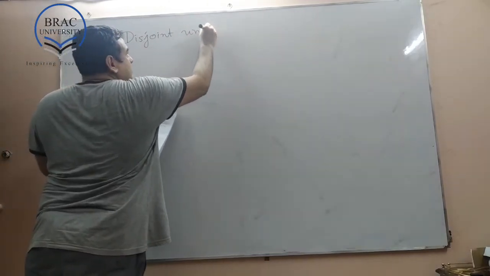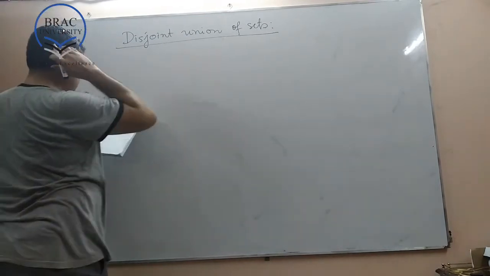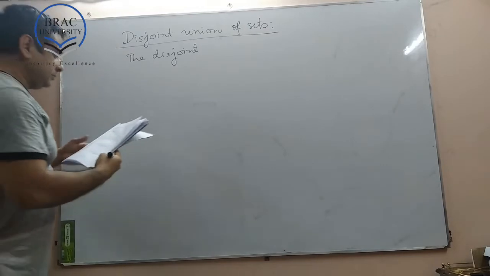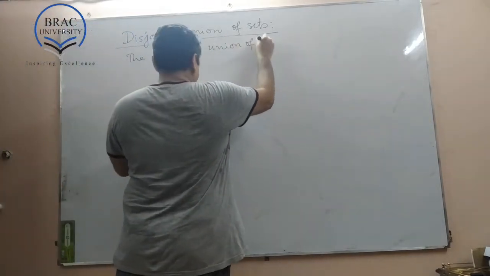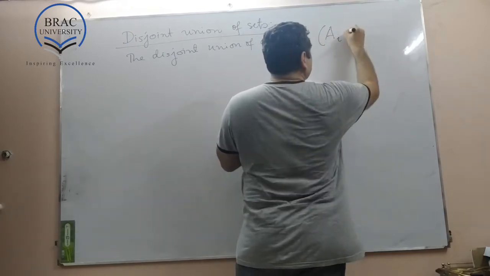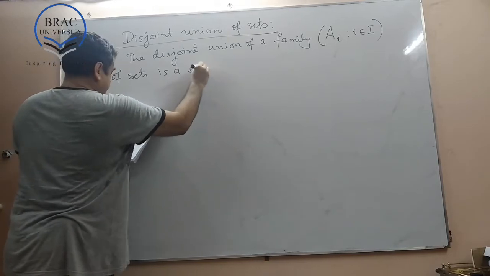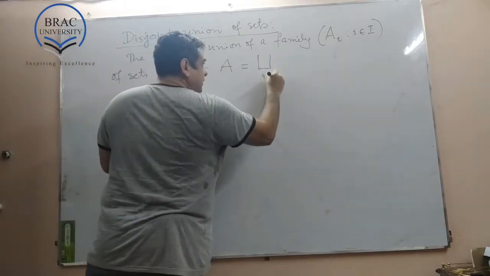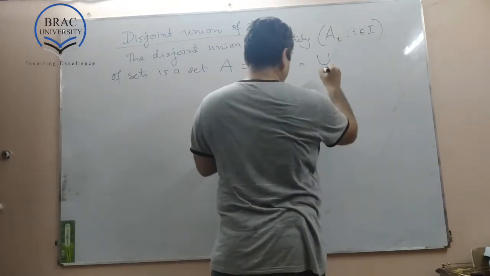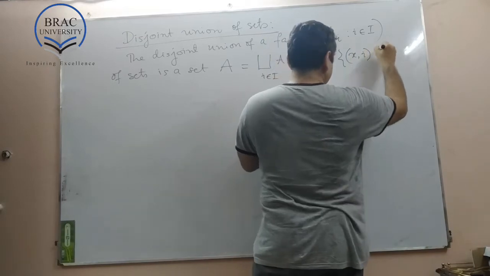Disjoint union of sets. So the disjoint union of a family of sets A_i is a set A which is defined in terms of the standard union of ordered pairs (x, i) such that x is in A_i.